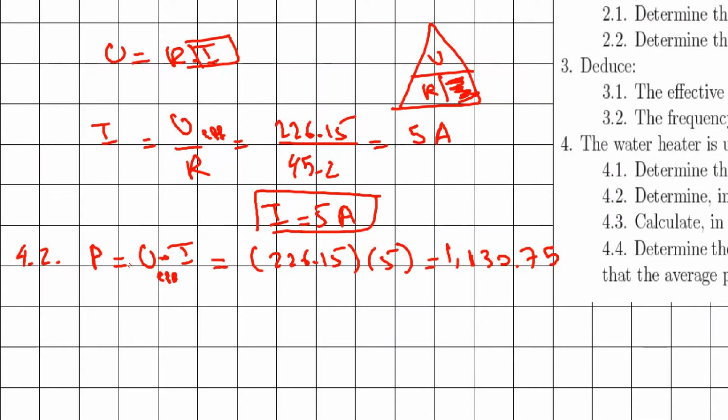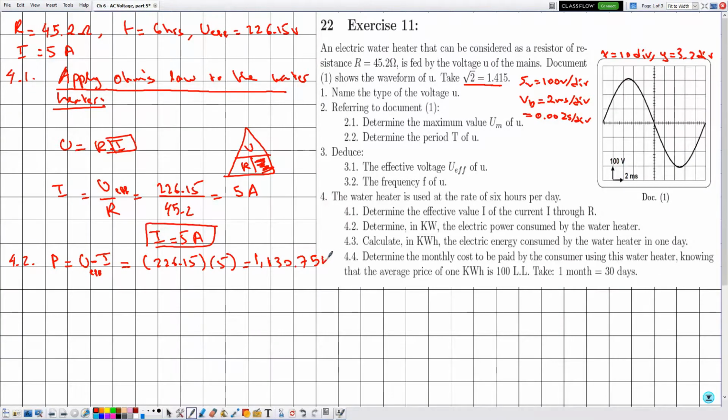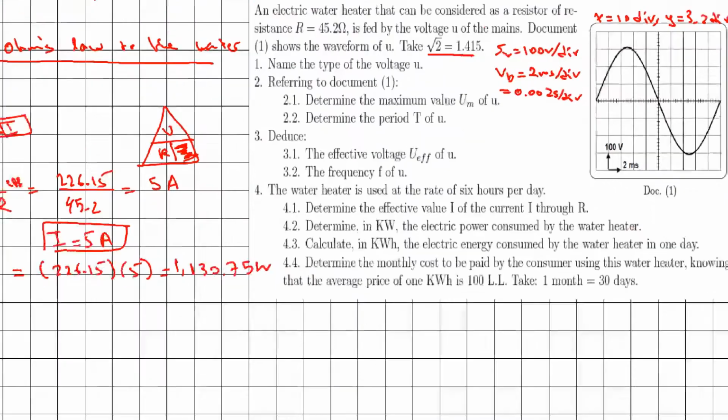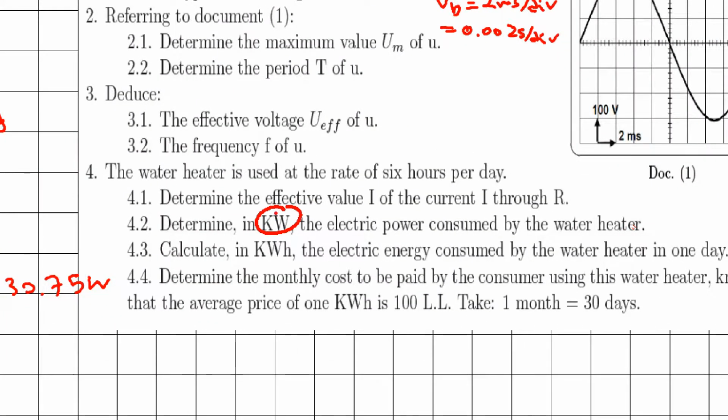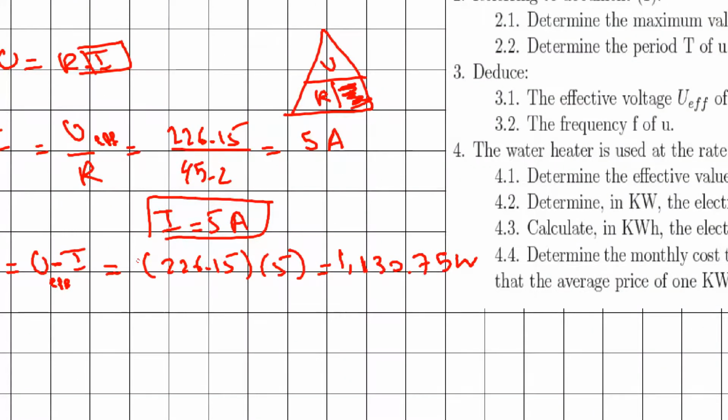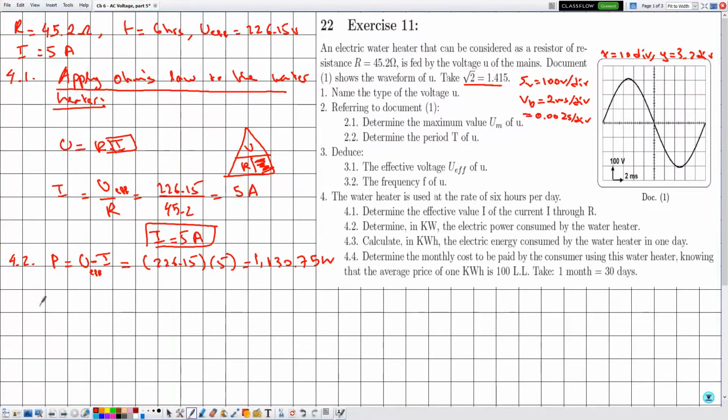Since both U and I are expressed in the SI, the value of P will be in the SI, which is watts. But here we are interested in determining the electric power consumed by the water heater in kilowatts. So we must convert this value to kilowatts. So P, which is equal to 1130.75 watts, is equal to 1130.75 divided by 1000. So this is equal to 1.13 kilowatts.